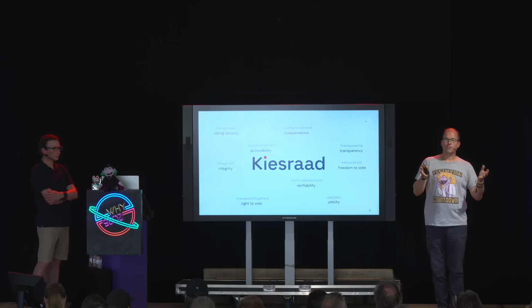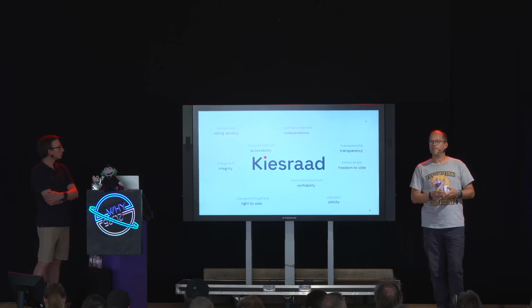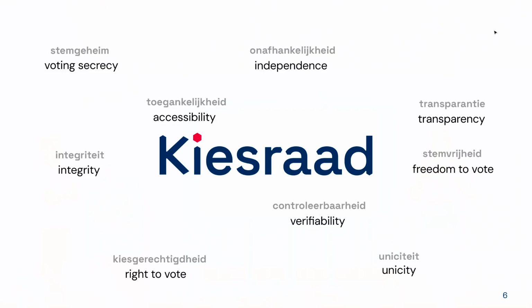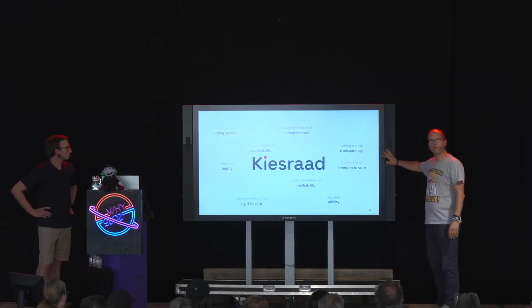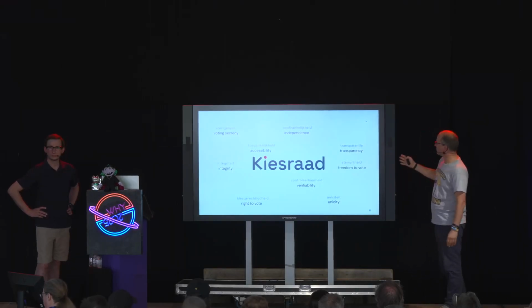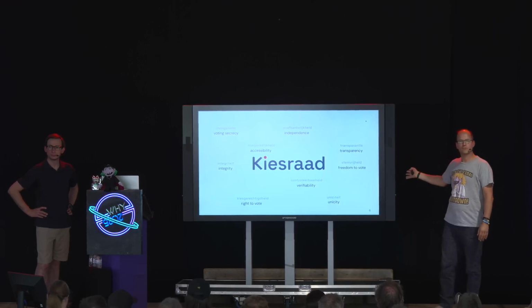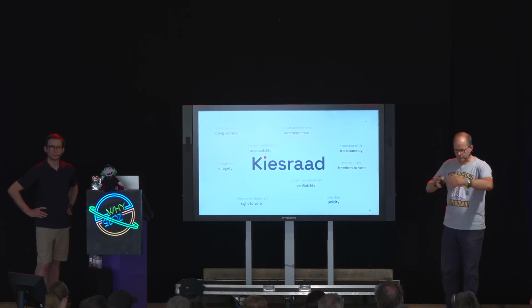The Kiesraad, or the Dutch Electoral Council, has a number of values that are like the basic values that we think anything that has to do with elections has to take care of. And these values are actually quite cool. And it's actually quite cool that we can present them here. Because when I started to work at the Electoral Council, it's a nice and structured organization.